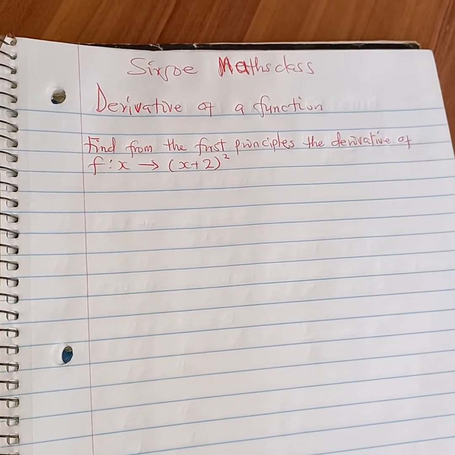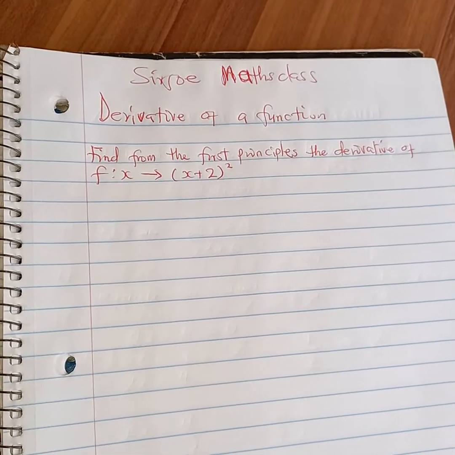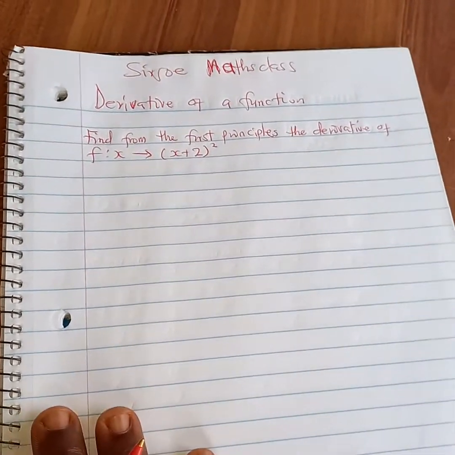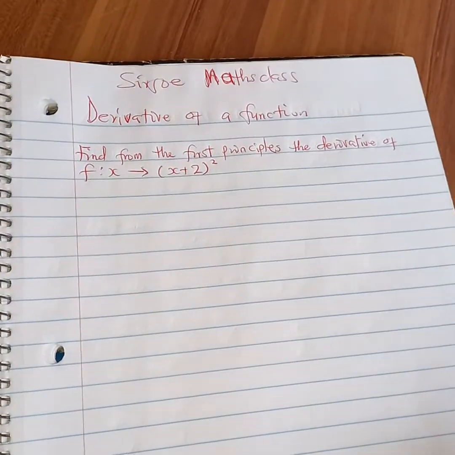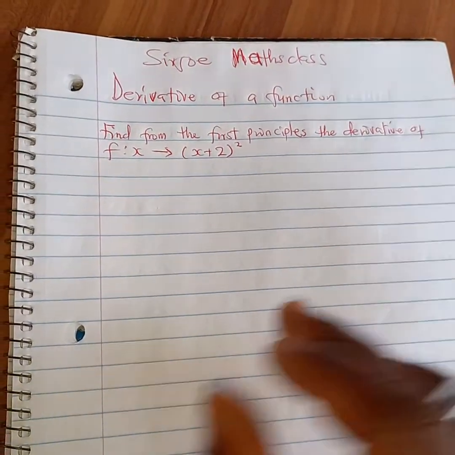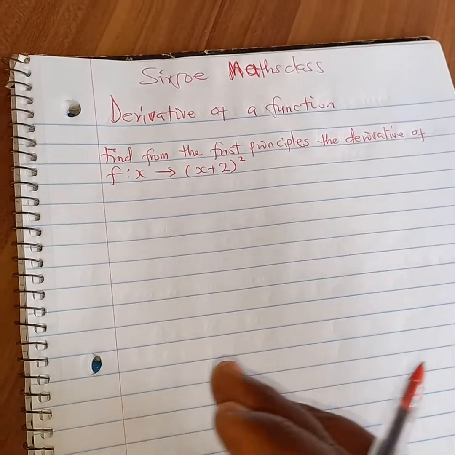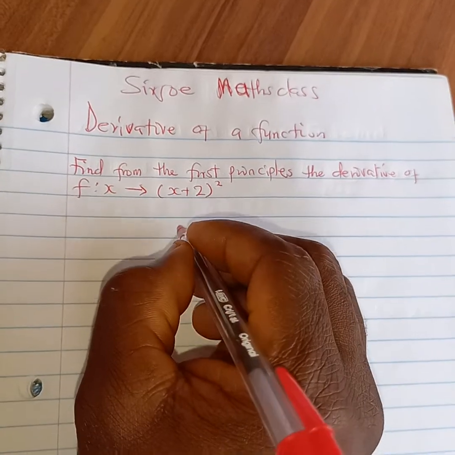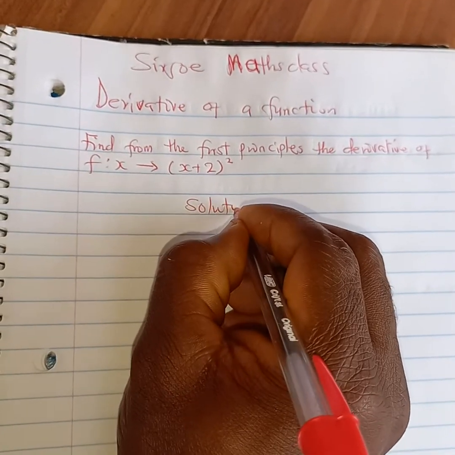So we could see that from the first principle, it means that we should find the derivative of this function. But then the formula is given by, so let me write the solution.